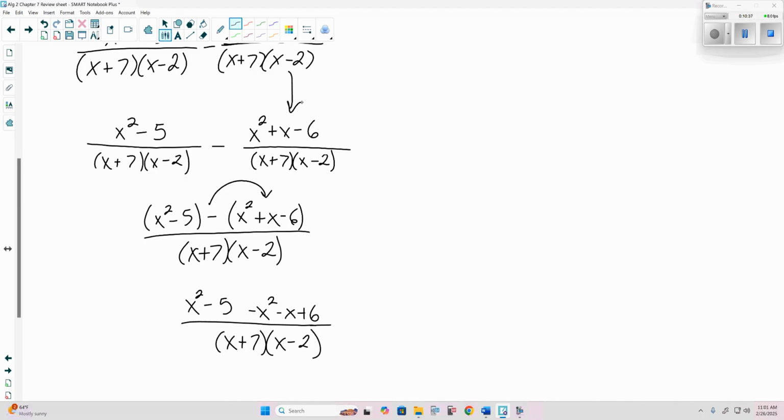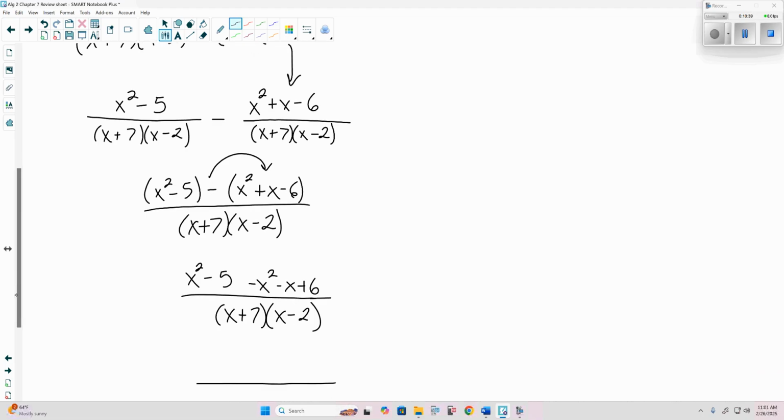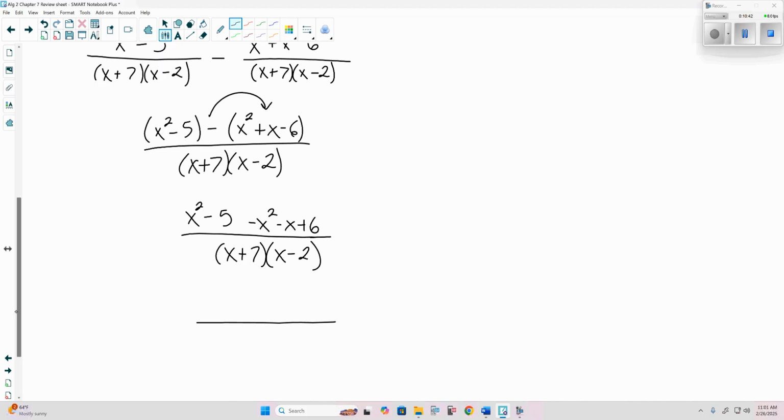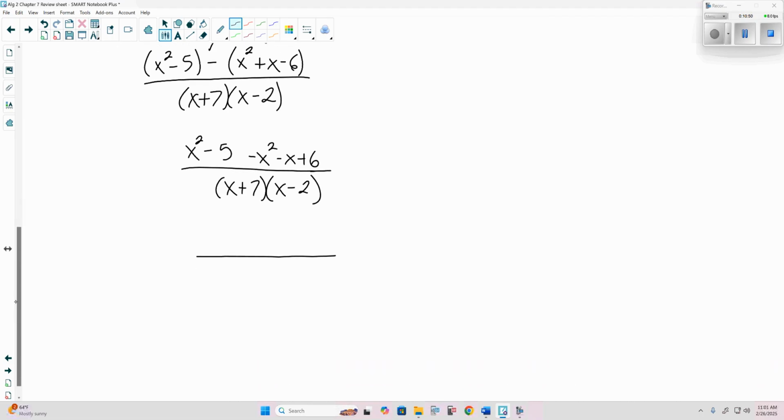Here to here, we just combine like terms. We're subtracting, so I've got to apply that negative through. Now, combining like terms, x squared minus x squared is 0.